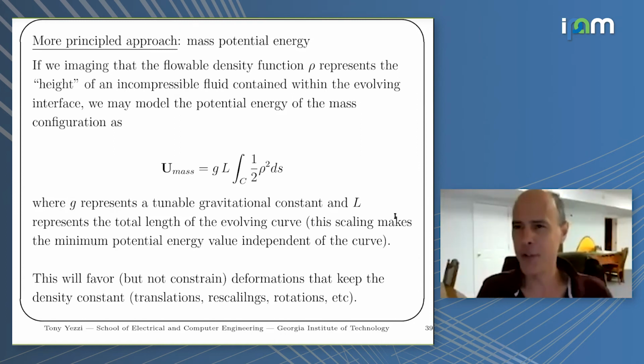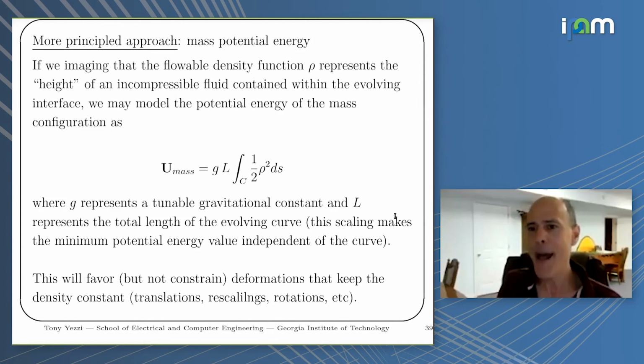Again, going back to continuum mechanics as the motivation for it, if you imagine the mass on the contour as being a fluid that has a certain height. So now the fluid is kind of sitting in a thin bucket on top of each point of the contour, and its height can change, and so we can attribute a potential energy to the mass distribution as well.